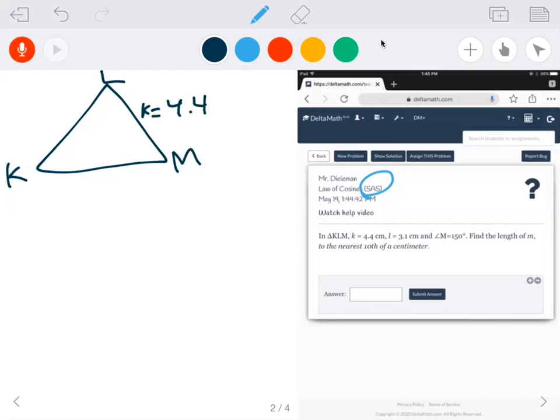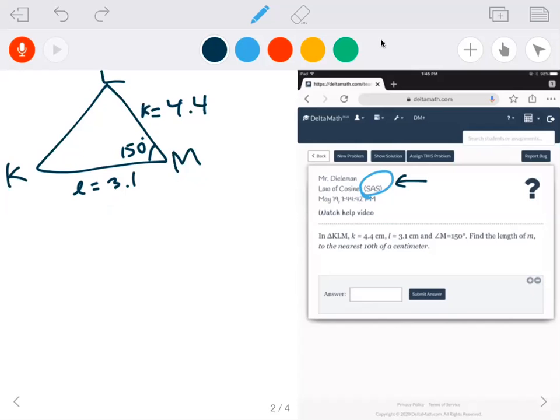We know that side length L is equal to 3.1 centimeters. And we know that angle M is 150 degrees. So this is why they say it's the side angle side setup, because we've got a side, an angle, and a side. Think back to Core 1, side, angle, side.